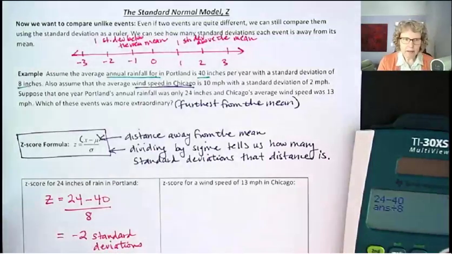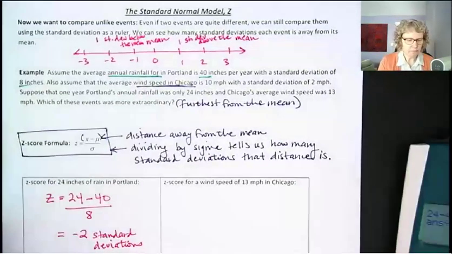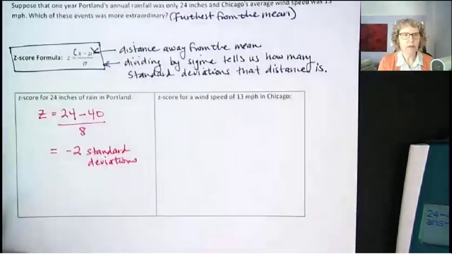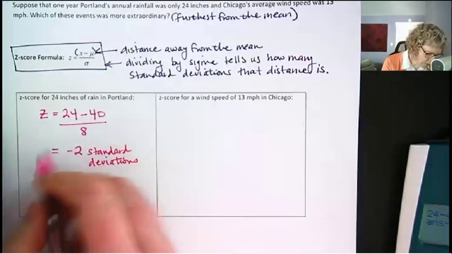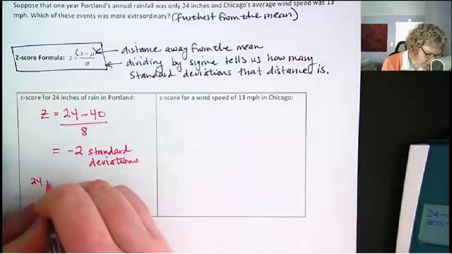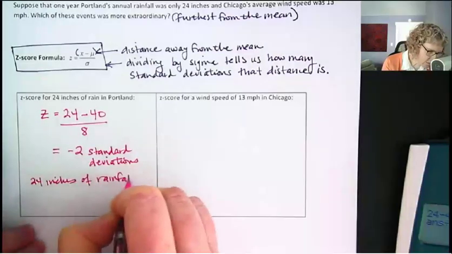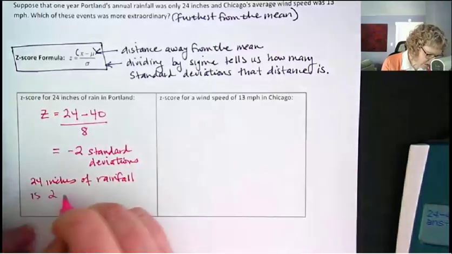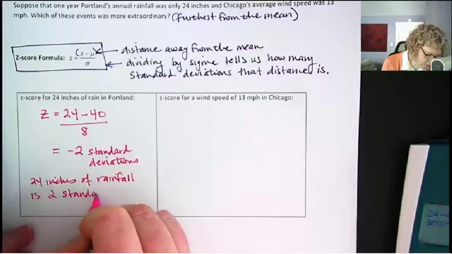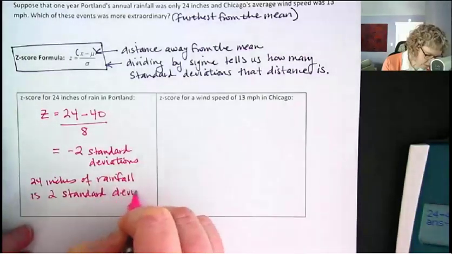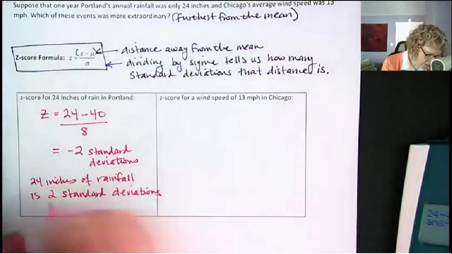Or I could say, let me move this up. I could say 24 inches of rainfall is 2 standard deviations below the mean.